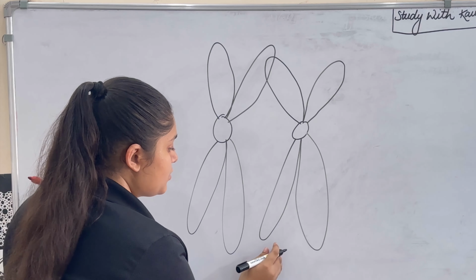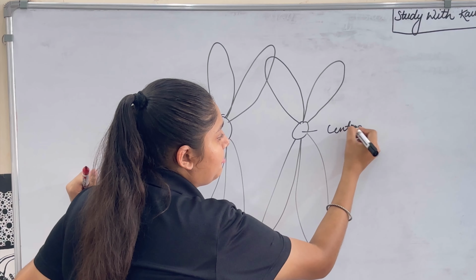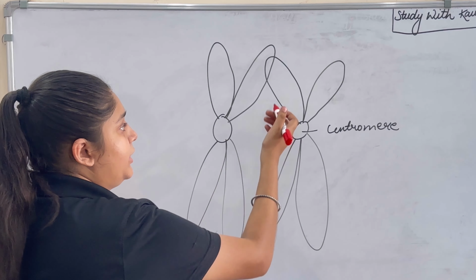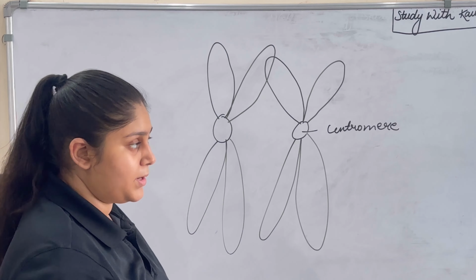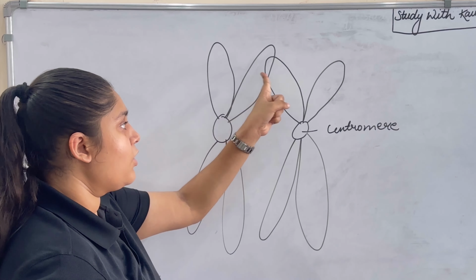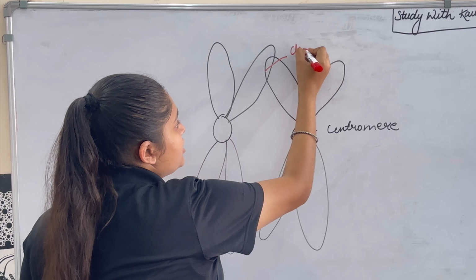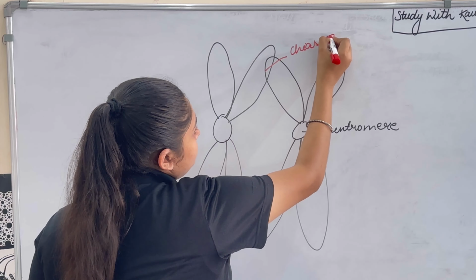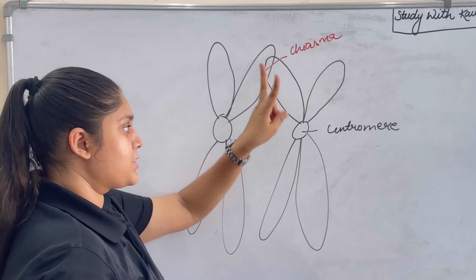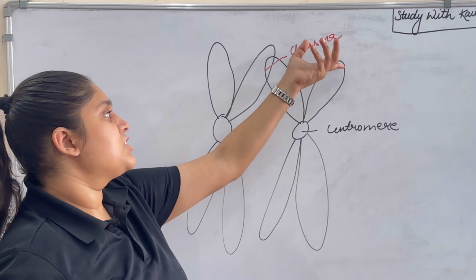This is one chromosome, this is the other chromosome. This was the centromere. This point where two non-sister chromatids join, we will call this point chiasma. Clear? So between these two there is a difference question of 2 marks. Centromere, point of attachment of sister chromatids. What is chiasma?